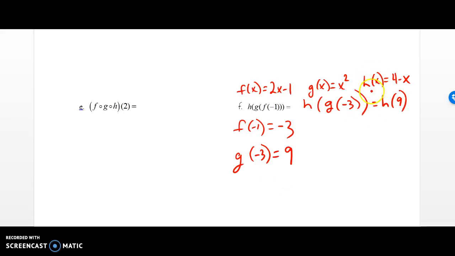Function h says we take whatever x is and subtract it from 4, so h of 9 will equal 4 minus 9 is negative 5. And that's our final answer for that evaluation. So you need to do example 3, letter B, example 5, C, and D.